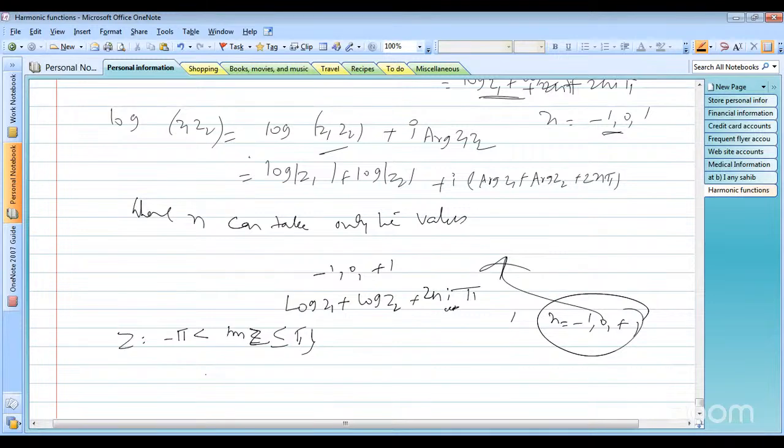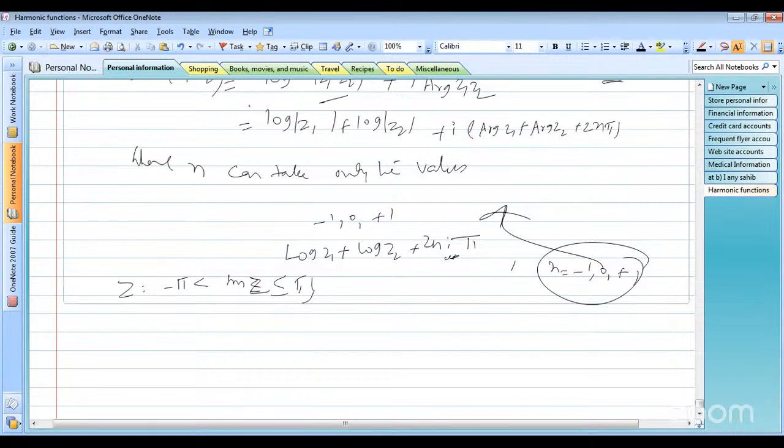So we have to check the other definition here. One terminology and definition we have to take in.